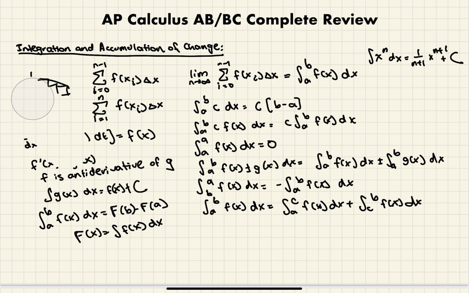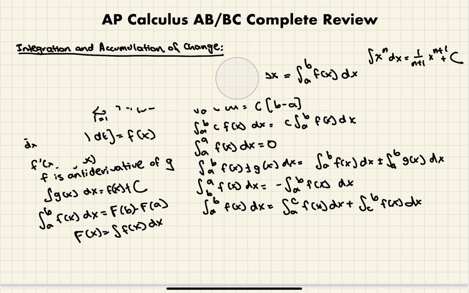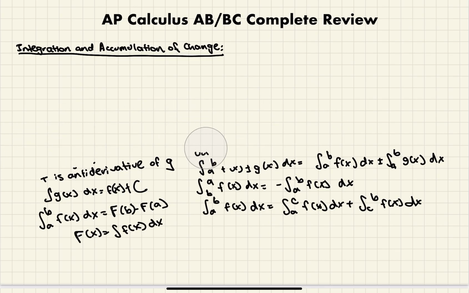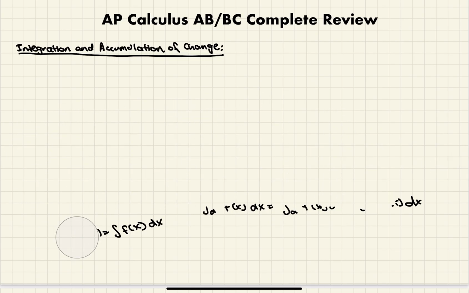I'm going to erase the board, and we're still not done with this unit, though, because it's a pretty long unit. We're going to be talking about the techniques of integration now. So you can calculate an antiderivative using u substitution, also known as changing the variables.